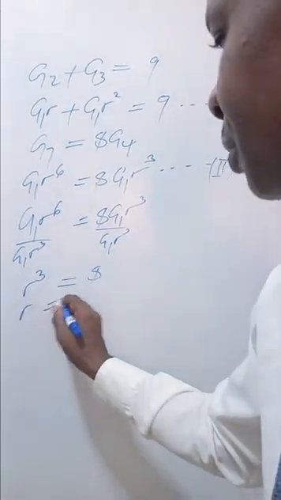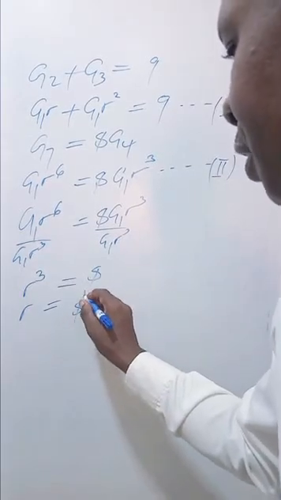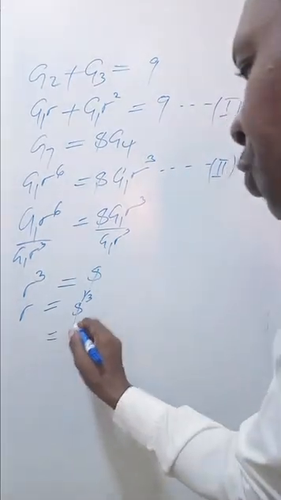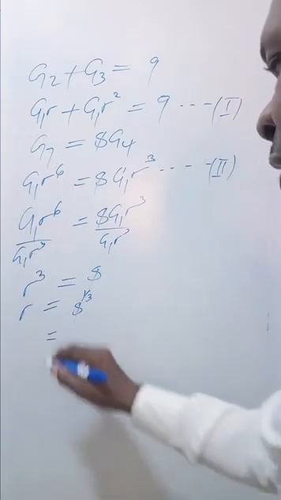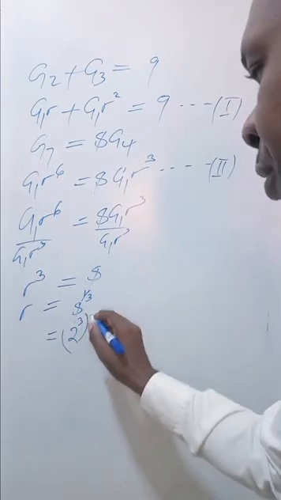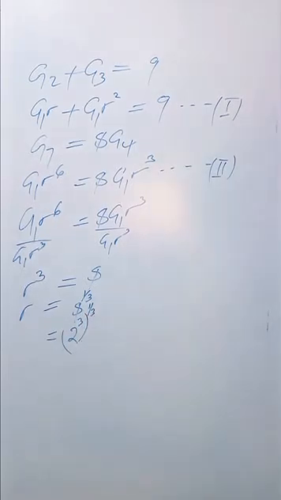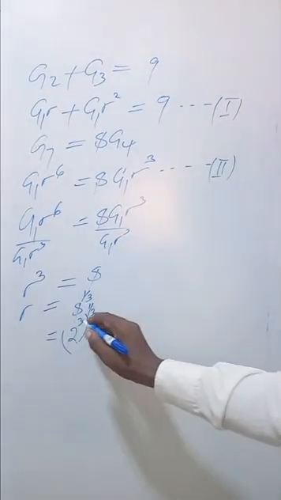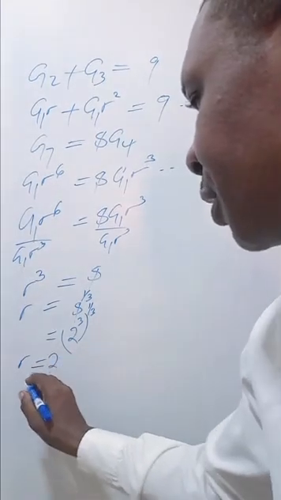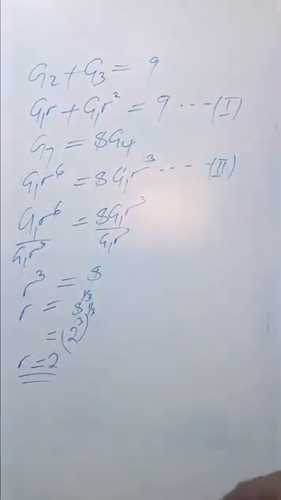If we want our R, then we have to take the cube root of 8. What's the cube root of 8? Remember, 8 is 2 raised to power 3, so raise again to power 1 over 3. 3 times 1 over 3 gives us 2. So we get our R equals 2.